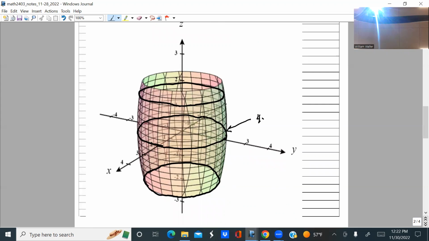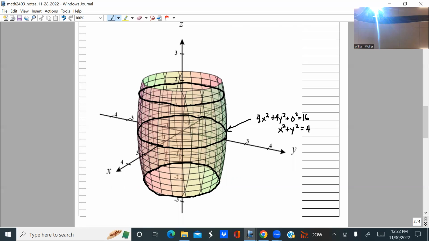Let's do that very explicitly. We have 4x squared plus 4y squared plus 0 squared equal to 16. Now if you divide everything by 4, you get this really simple curve: x squared plus y squared equals 4.